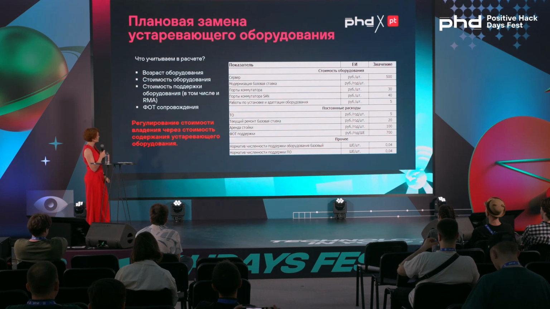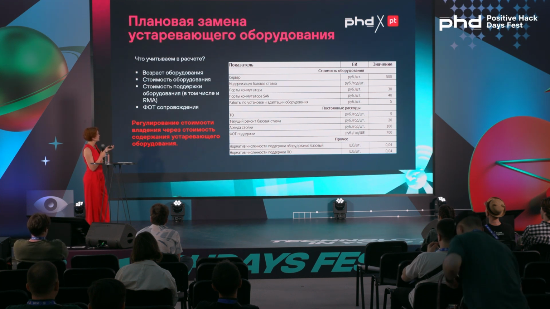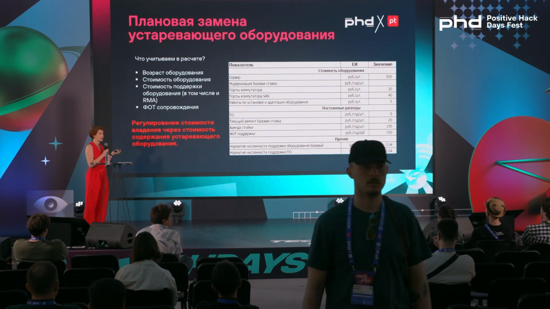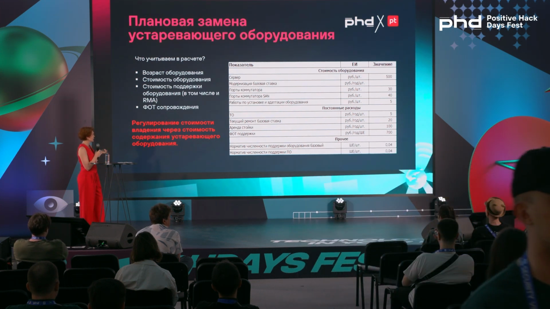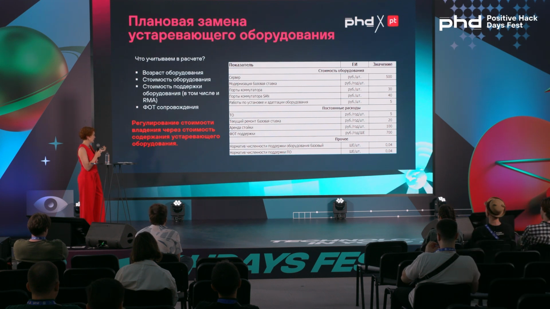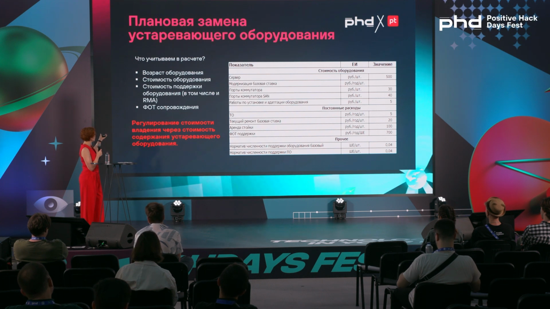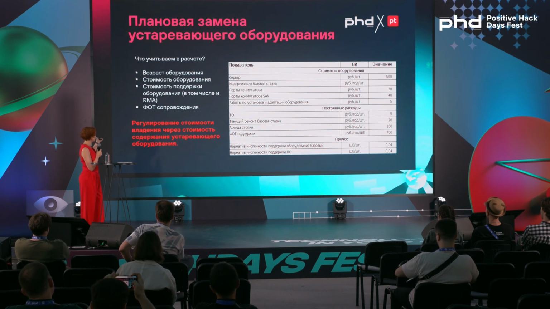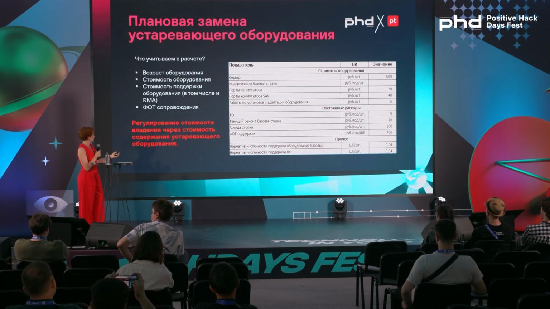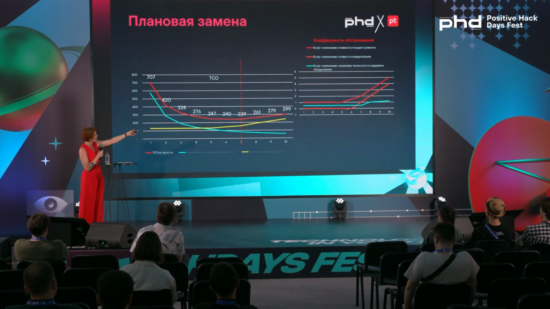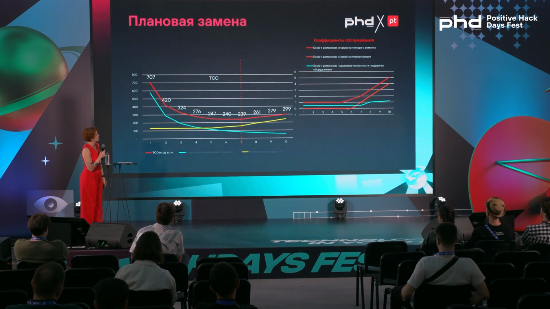So we've just put some numbers here for orientation. They're not real. So we take the cost of equipment, we have the cost of switching equipment, we take the cost of repairs and the guidelines for people costs, support costs, and through simple manipulations we come up with a graph like this.